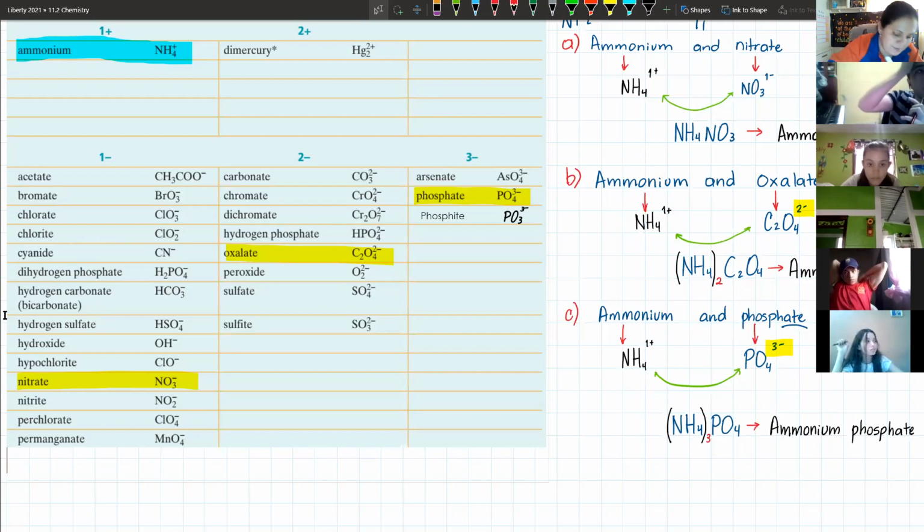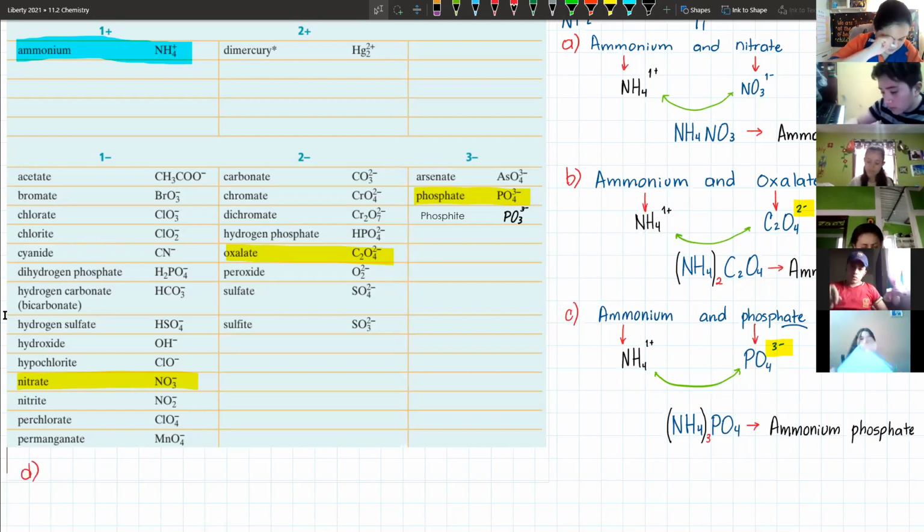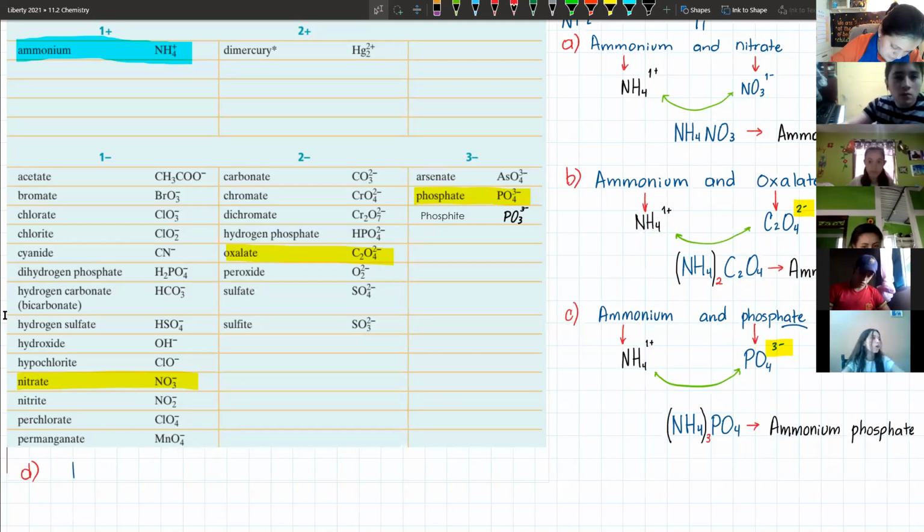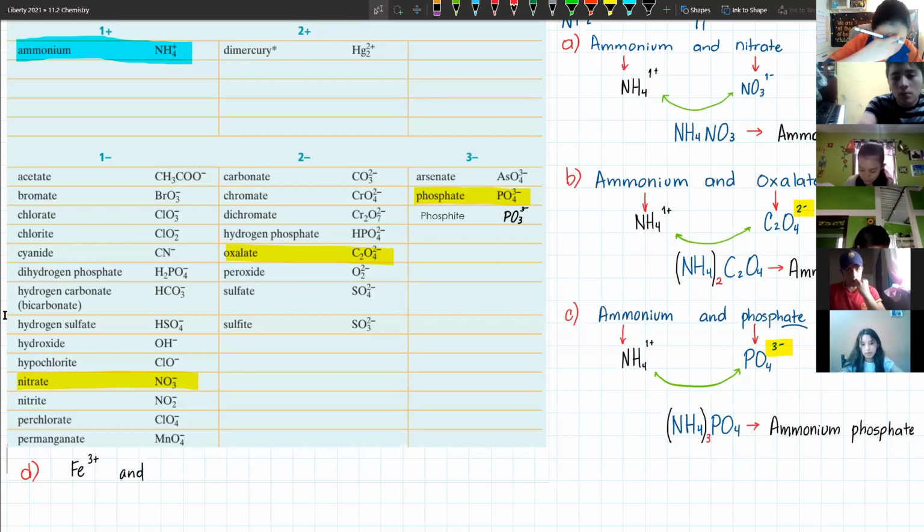Okay, now here in the bottom, I will do one extra exercise. I will just be writing the symbols, okay? What do we do in the first place here?